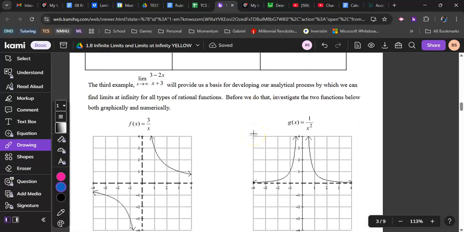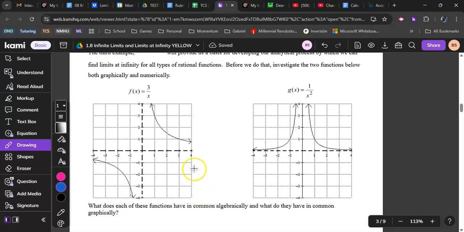All right, third example. That one is where we're going to develop our analytical process for how we could try to figure this out. Let's investigate the two functions below, and let's look at them graphically and numerically. Graphically, we can kind of see what's going on here, right? What do each of the functions have in common, though? They both have a horizontal asymptote at y equals 0.